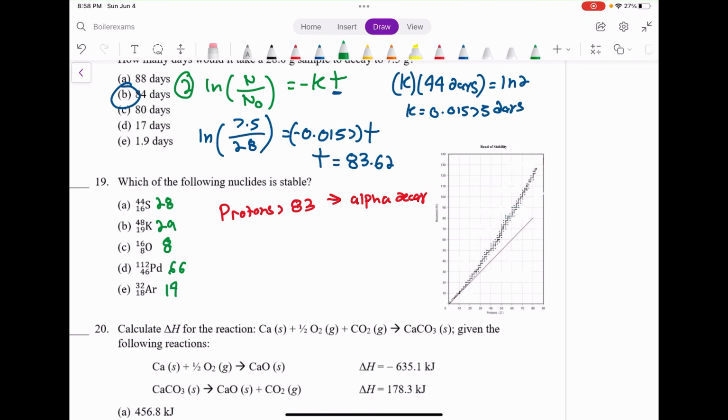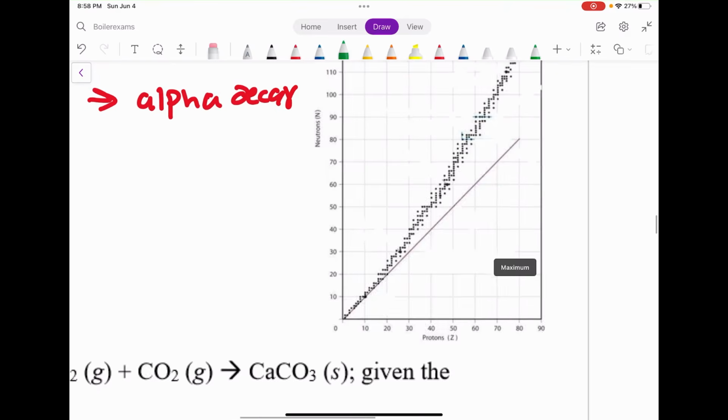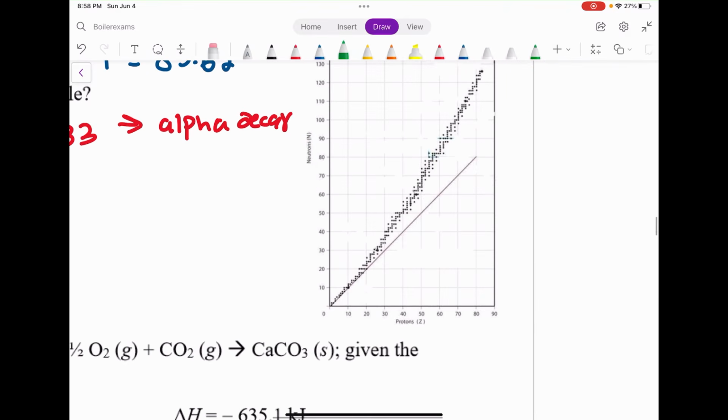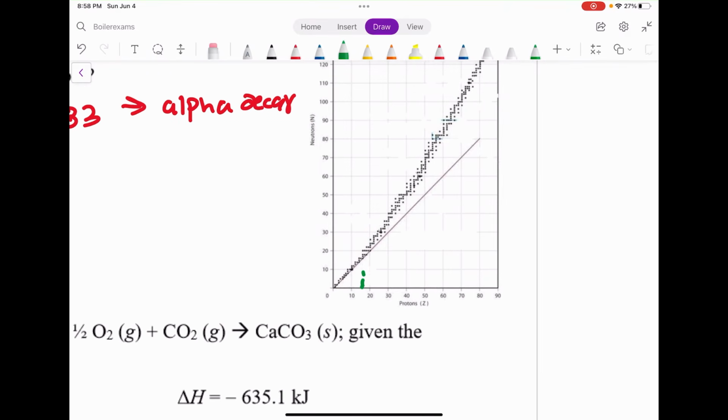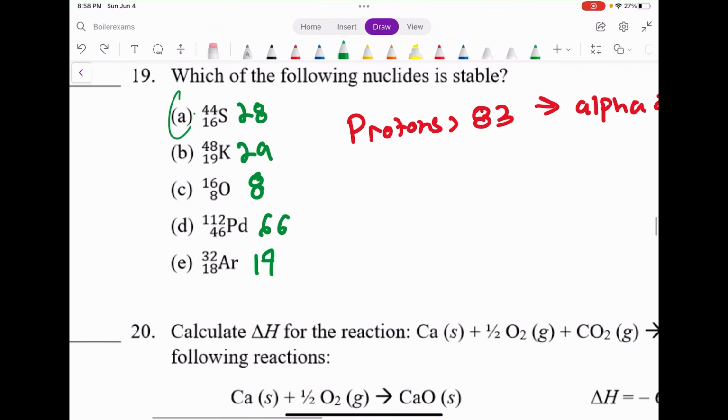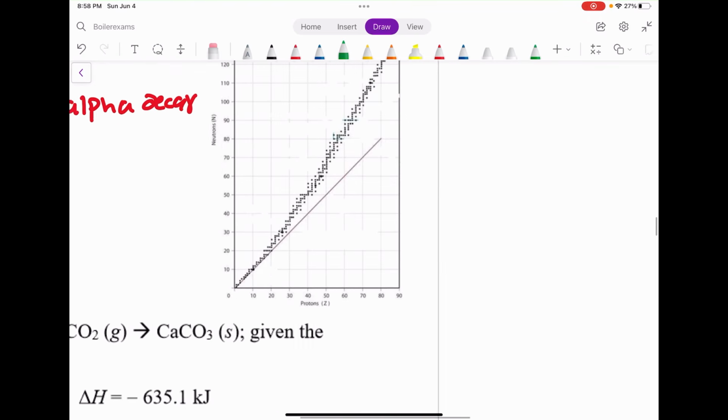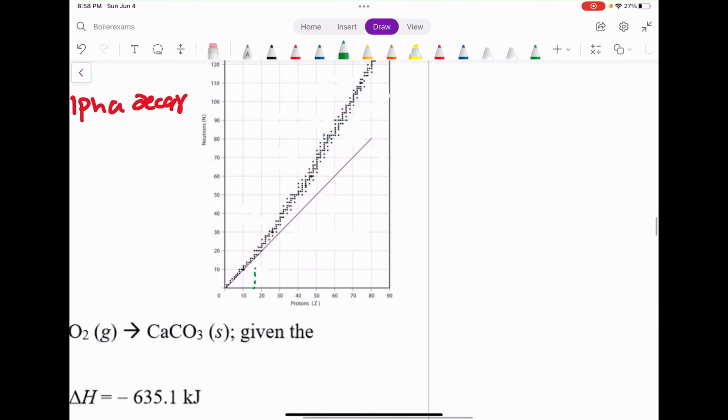Okay, let's start with our first one. We're going to plot 16 protons versus 28 neutrons. So I'm going to plot answer choice A, which is 16 protons to 28 neutrons. 16-ish. That's all the way up here.